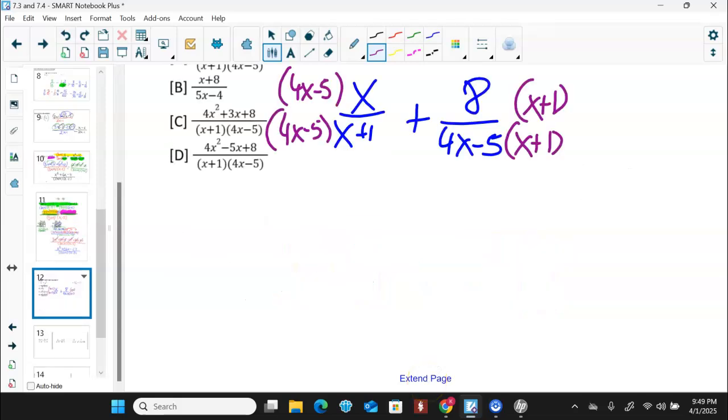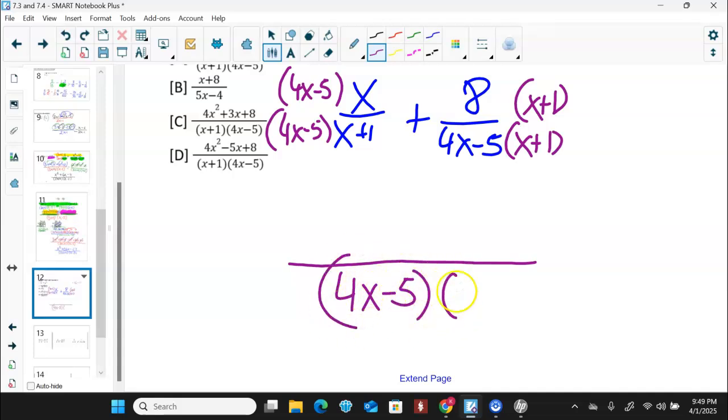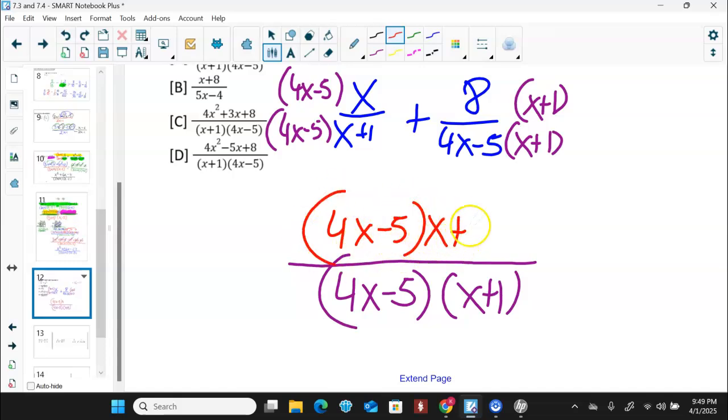So you are going to have a bottom of 4x minus 5 times x plus 1. And on the top, you're going to use all of them together. So you're going to have 4x minus 5 times x, plus 8 times x plus 1.